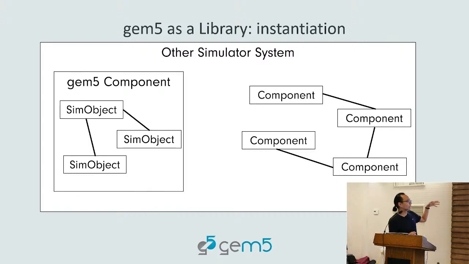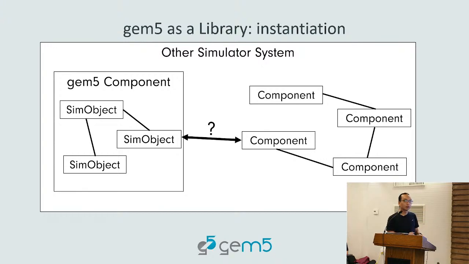And then you set up the gem5 component, which will set up the whole gem5 Python environment if you choose to use the Python environment's interface. In that step, it should set up the whole hierarchy of the sim objects, like you specify in the Python configuration script. But how do you interact between the component of the other simulator and the gem5 sim object?